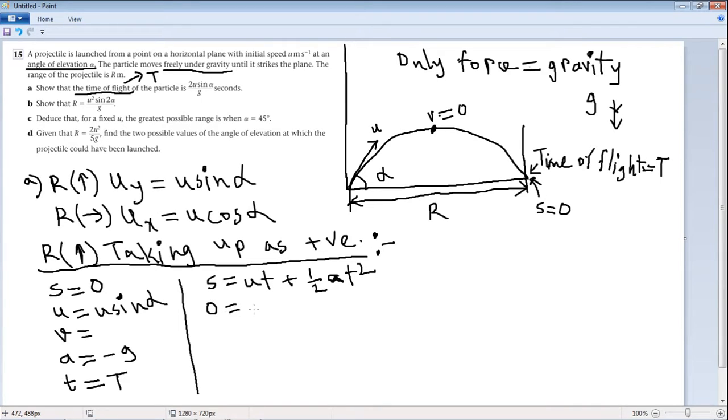Displacement is 0, u is u sine alpha, and t is the capital letter T, plus half a, which is minus g, and this t is t square. So now let us shift this part to the left hand side and this part to the right hand side, so we will get something like this.